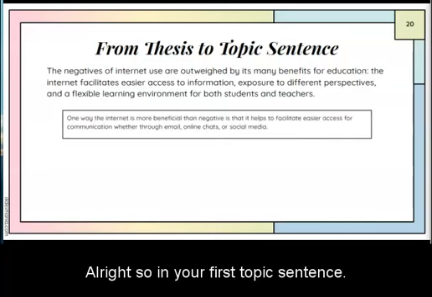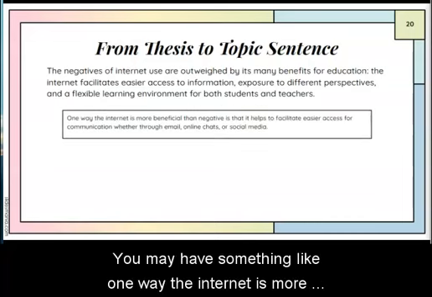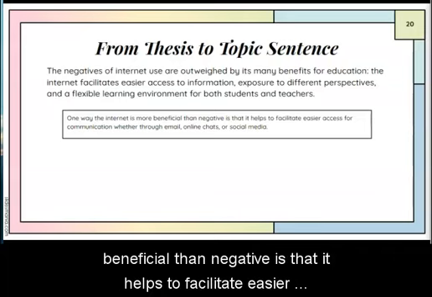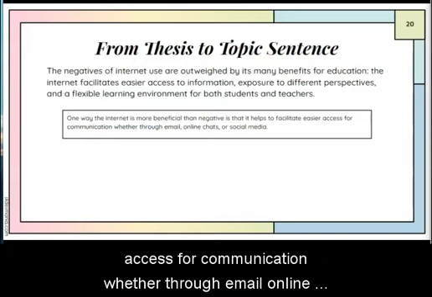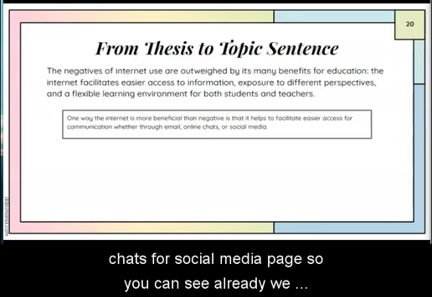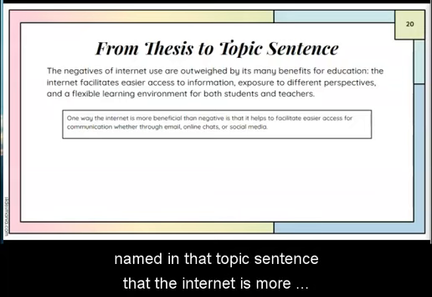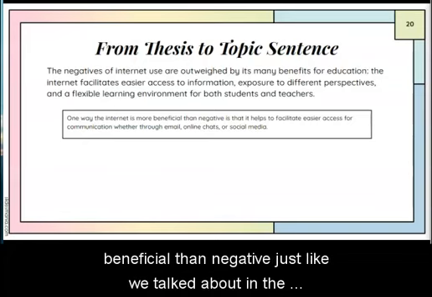So in your first topic sentence, you may have something like, one way the internet is more beneficial than negative is that it helps to facilitate easier access for communication, whether through email, online chats, or social media. So you can see already we named in that topic sentence that the internet is more beneficial than negative, just like we talked about in the thesis.